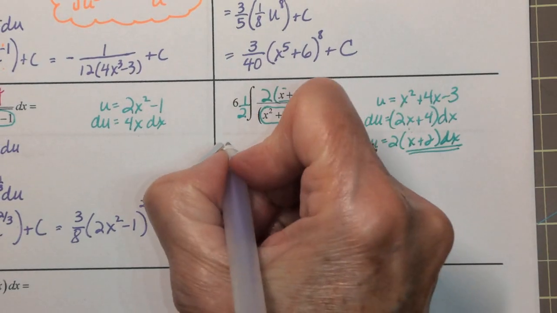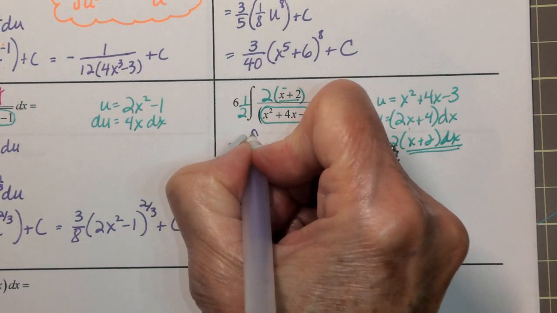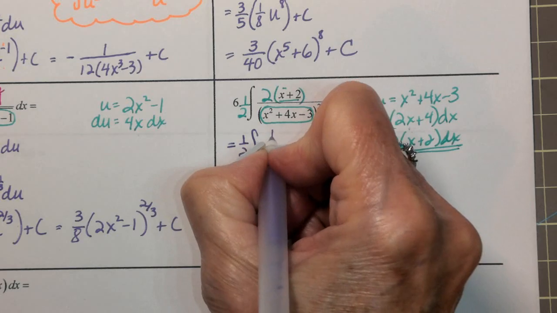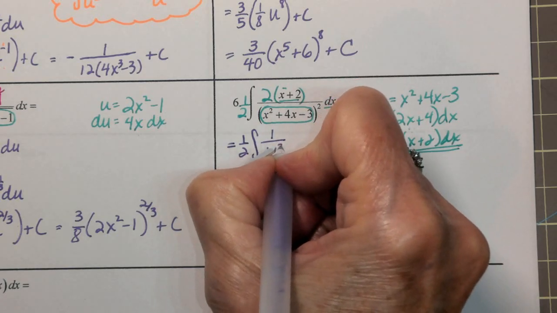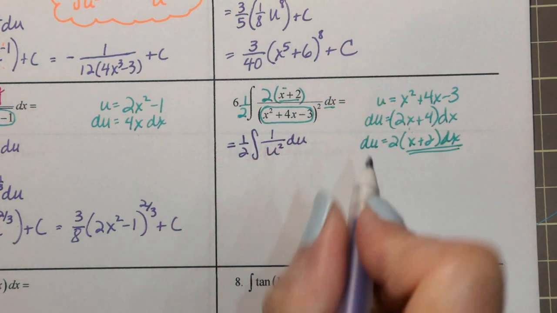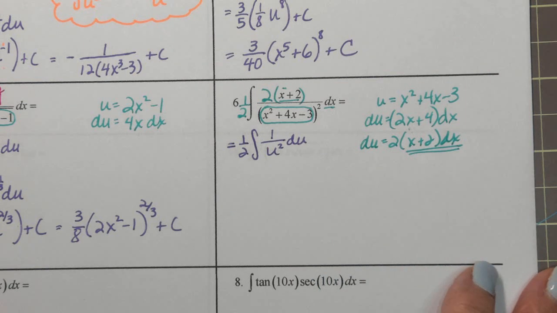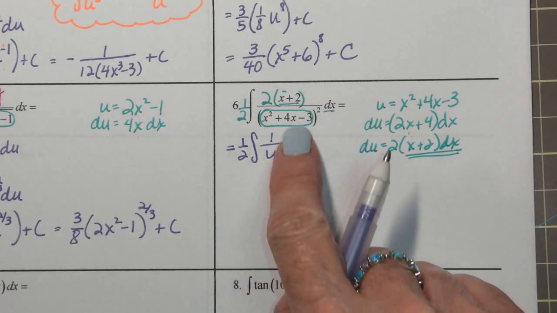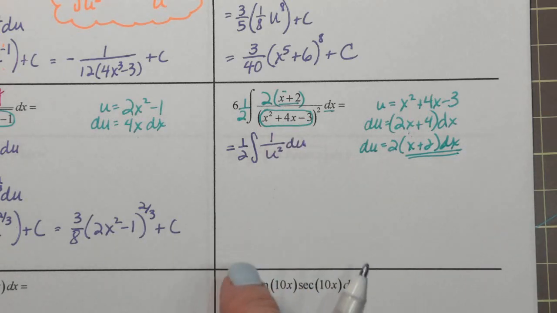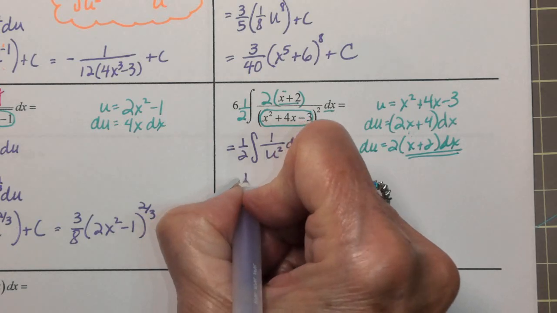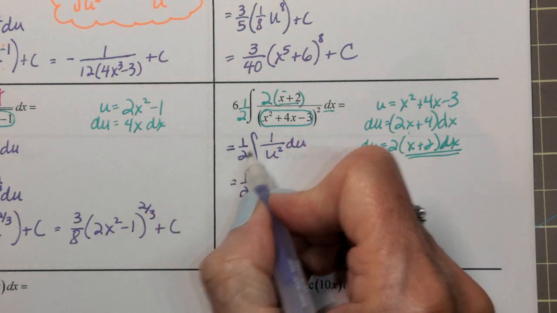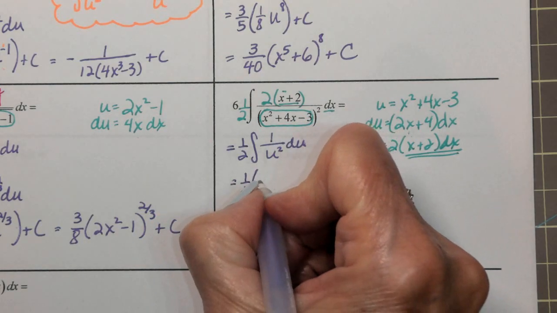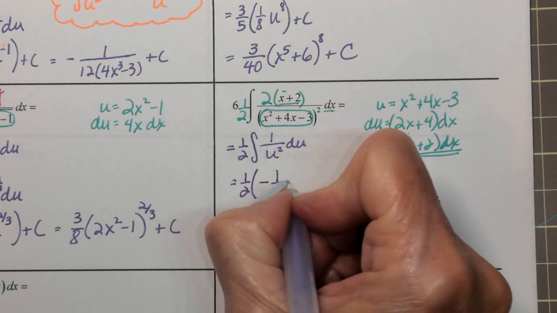So my new integral is 1/2 integral 1 over u squared du. And here's the one, again, it pops up a lot, 1 over u squared. So we could do it the long way and move it to the top, give it a negative power, use the power rule, or we can have this memorized. The integral of 1 over u squared is negative 1 over u.